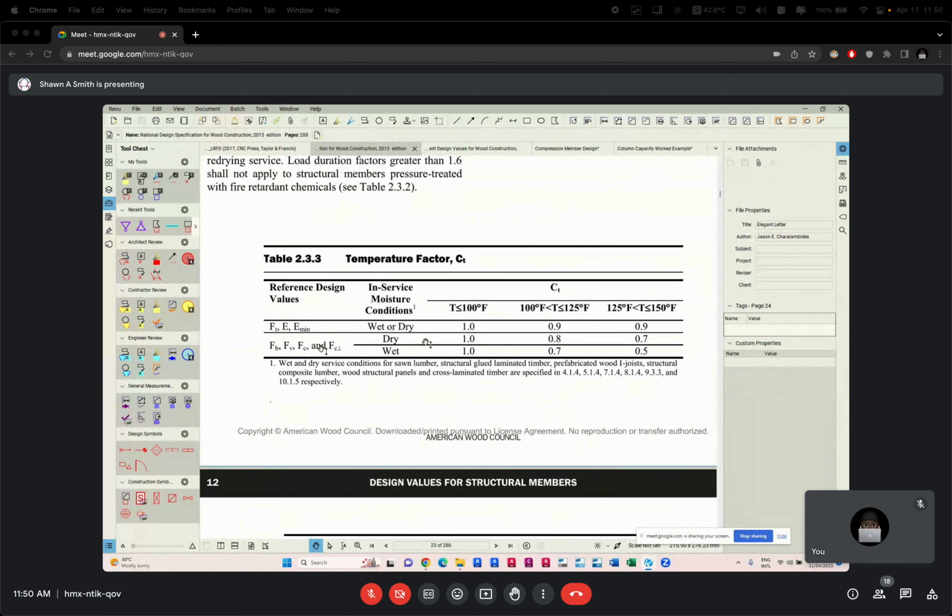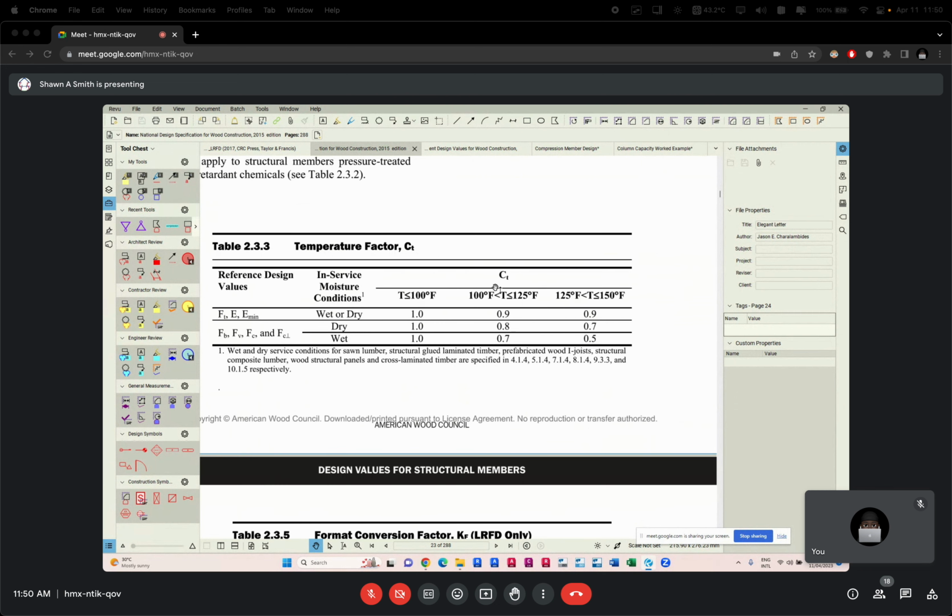If the temperature is less than 100 degrees Fahrenheit, they did not state that. So it might be an assumption that it's less than 100 degrees Fahrenheit. And even if it's wet or dry, it doesn't matter. The factor is 1. Only if you add extreme temperatures like these, it will be different.